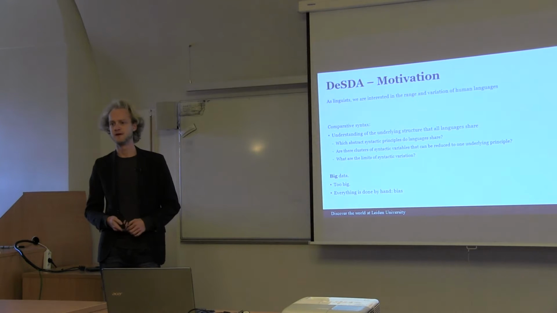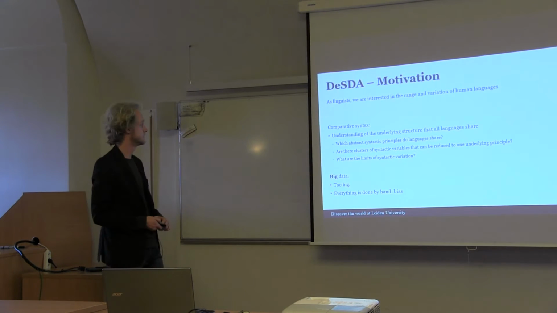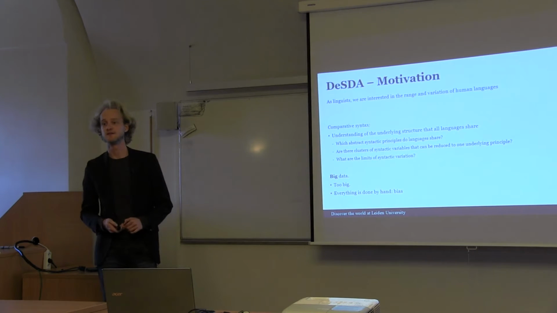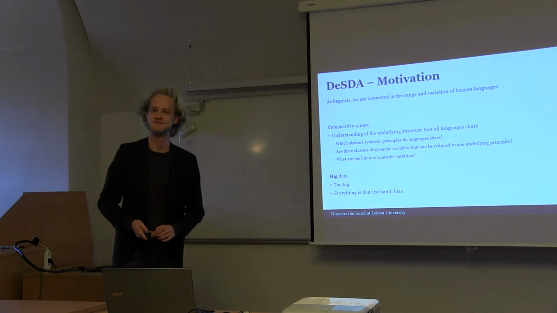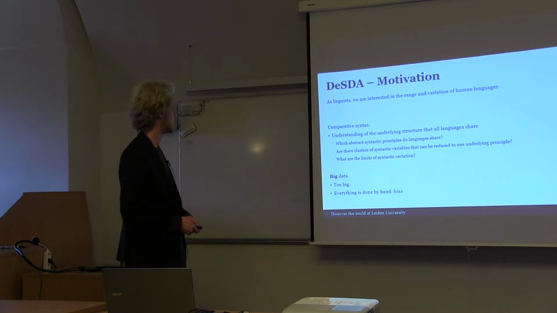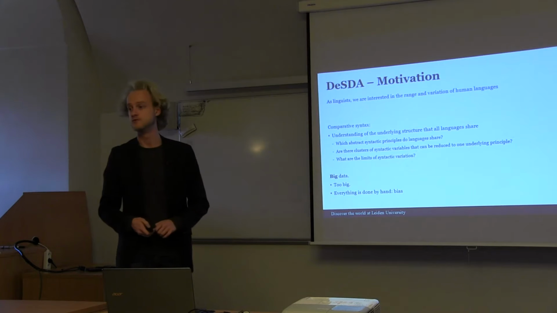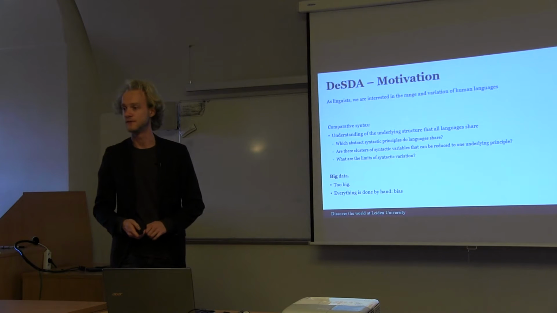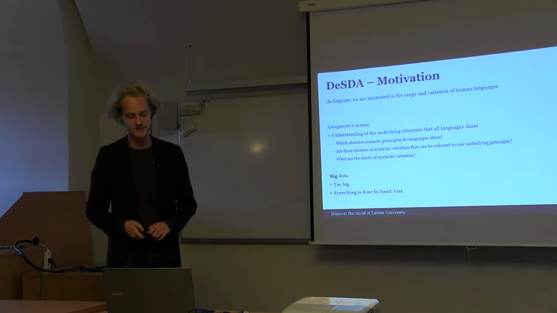But there is a problem. We work with big data, and it is incredibly big, because there are 6,500 spoken languages nowadays, and we also deal with dead languages, so there is just too much data, because they can all create an infinite amount of sentences.